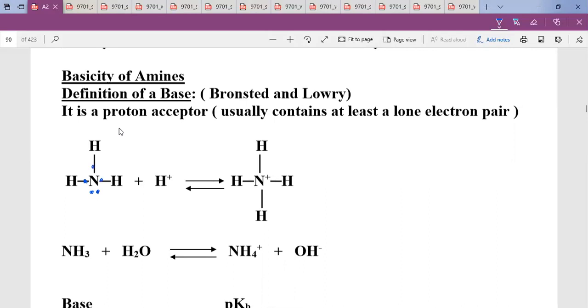So this is your cross here, and cross here. That's why nitrogen is negative 3, and hydrogen is positive 1, positive 1, positive 1 here. Why negative 3? Because it has taken 3 electrons from hydrogen. This is the oxidation state.